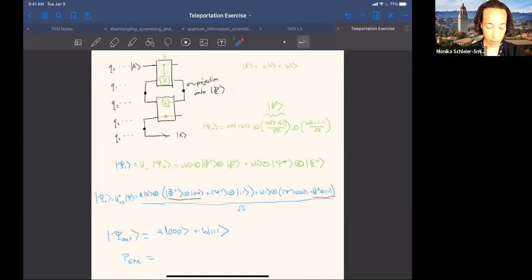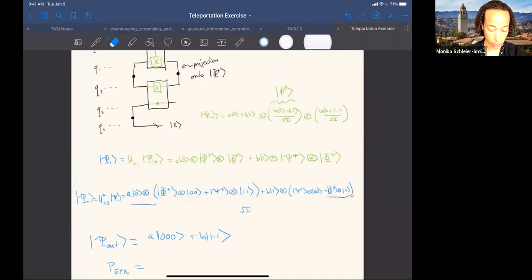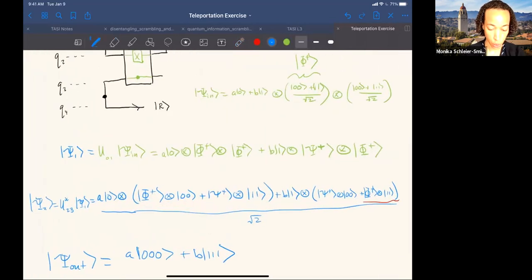So if I look at each half of it, if Alice's qubit is in state 0, I'm in an equal superposition of the 0,0. Sorry, let's be careful here. So the thing that we're projecting, let me make the red line a little bit shorter.